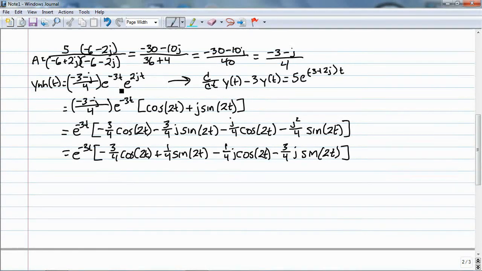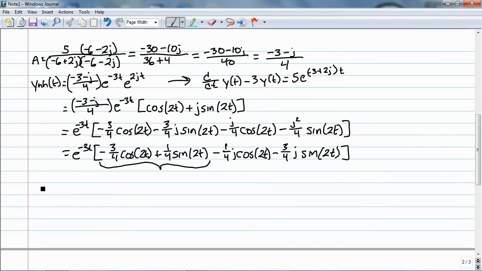Remember that this is the solution to the new equation I came up with. For the equation that we're looking for the solution, because it was a cosine, we're just looking for the real part.